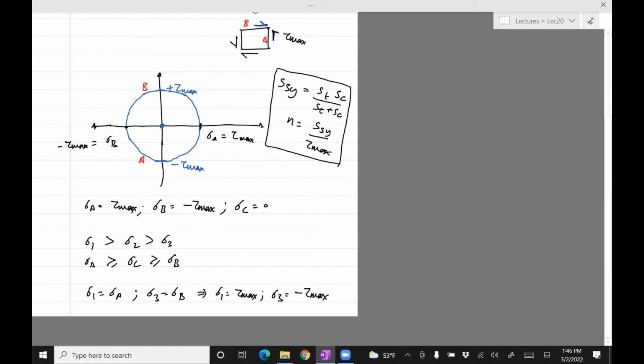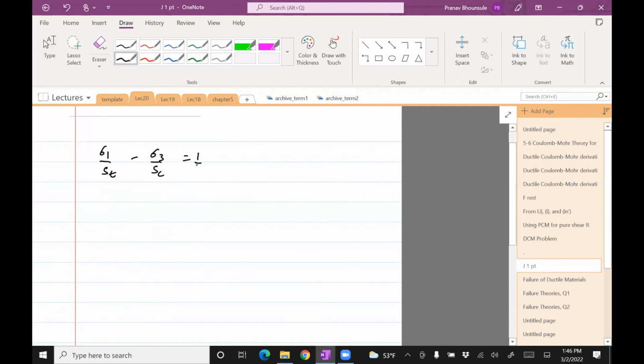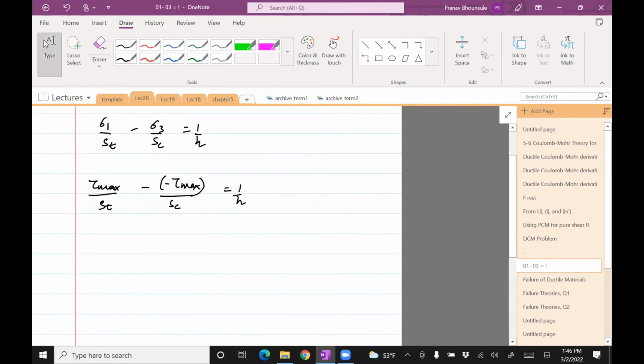Okay, so let's solve this. Just one more step left. So the equation is sigma 1 divided by ST minus sigma 3 divided by SC equals 1, sorry, 1 divided by N. So sigma 1 is tau max. ST is given. Sigma 3 is minus tau max divided by SC. I'm just substituting the values.